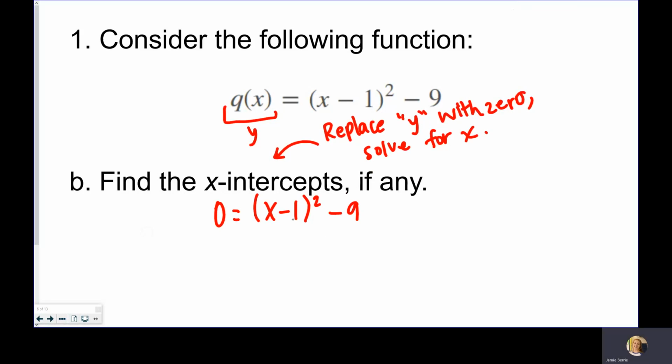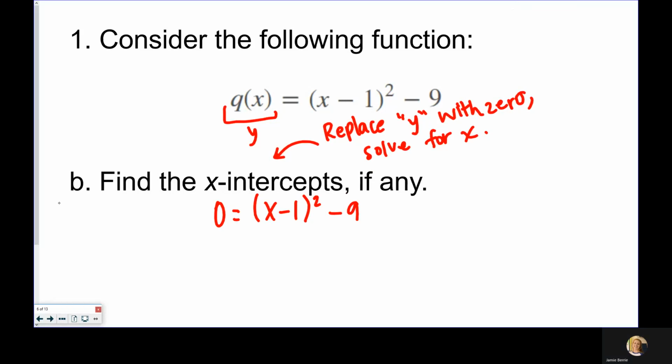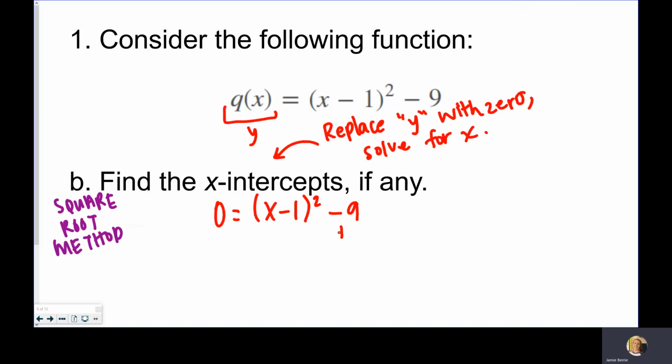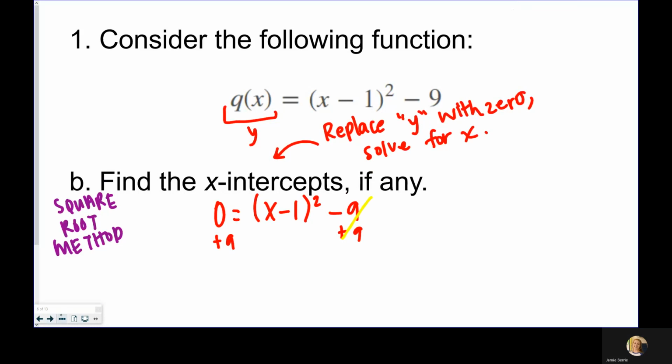So I have 0 equals (x minus 1) squared minus 9. I'm going to use the square root method to solve this. The square root method tells me that I need to move the constant over to the other side. So I end up with 9 equals (x minus 1) squared.